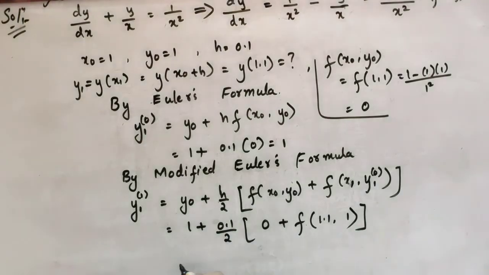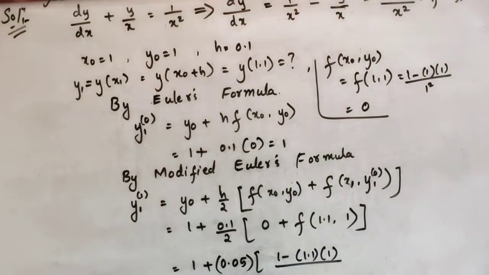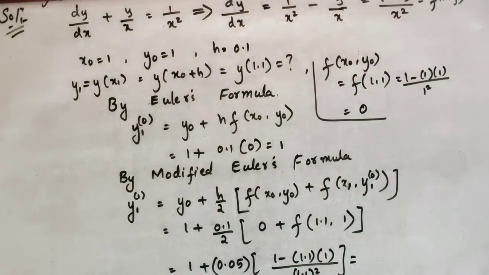As per the definition, if you simplify this, it is 0.05 into 0 plus f of 1.1 comma 1, which is 1 minus 1.1 into 1 over x square, where x square is 1.1 square. Simplify this using your calculator, and you will end up with 0.9959.